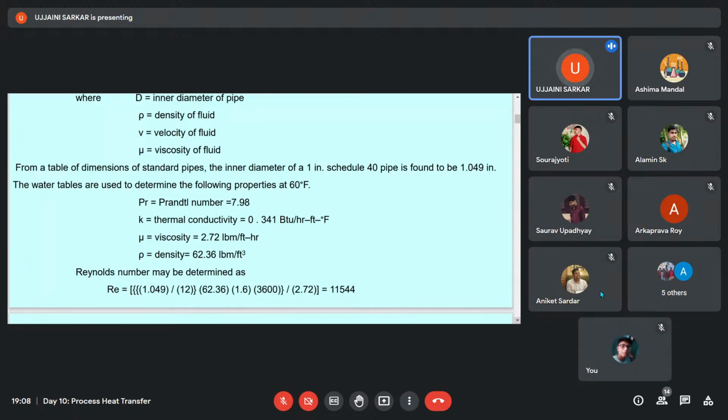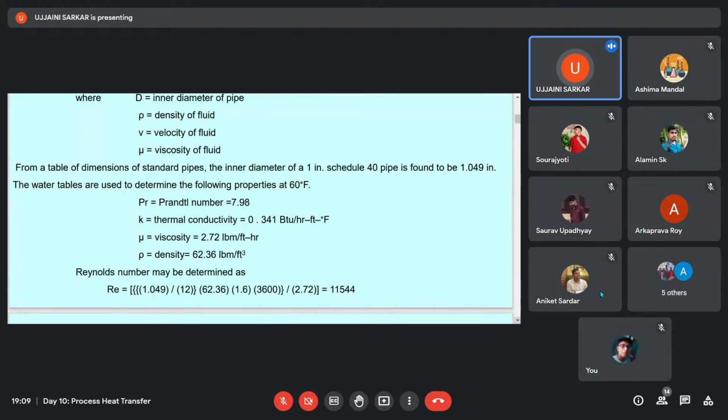The table of dimensions of standard pipes is given like that because under 1-inch schedule 40 there will be many pipes of different thickness, all with internal diameter 1.049 inch, but the thickness will be different.